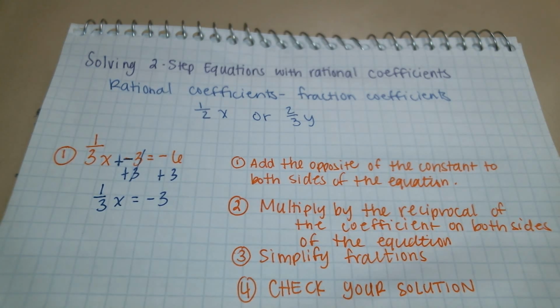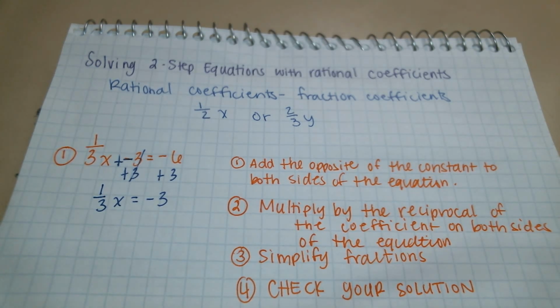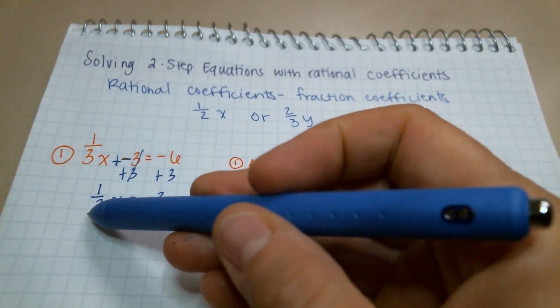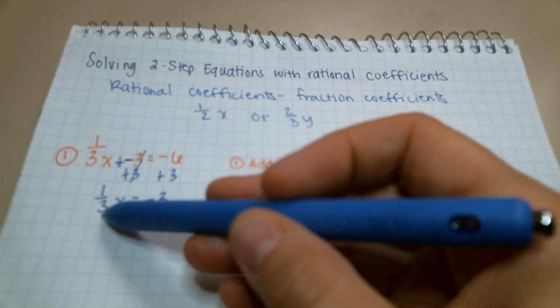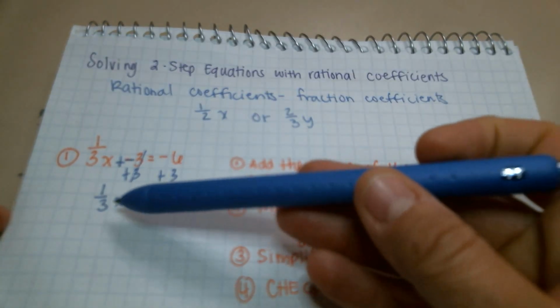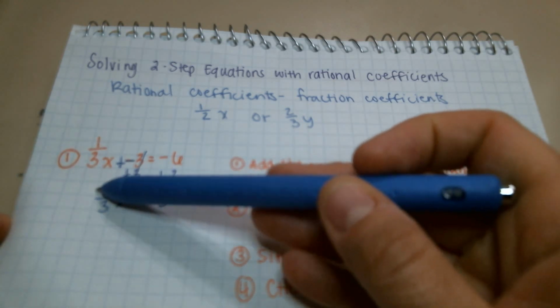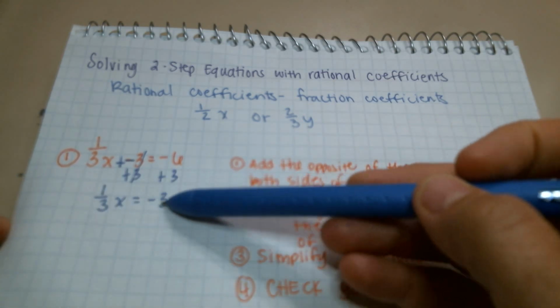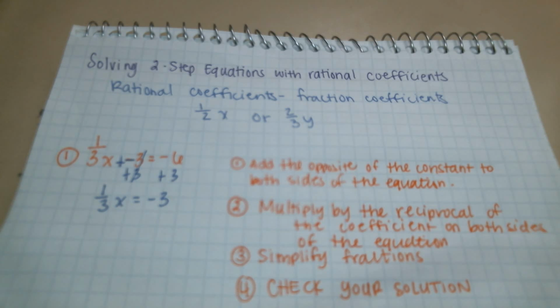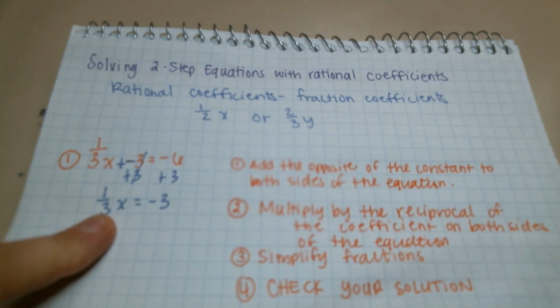So the way to get around that, to make all of your mathematics much easier, is when you have a fraction coefficient and you're down to one term with your variable equal to the constant on the other side of the equation, just multiply by the reciprocal of the coefficient of your variable.